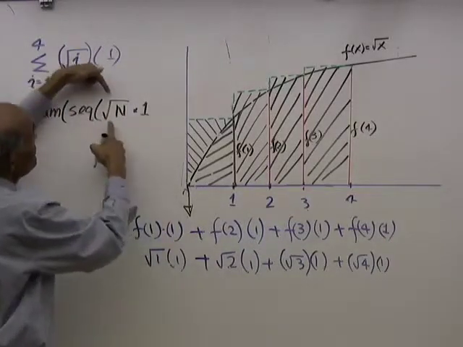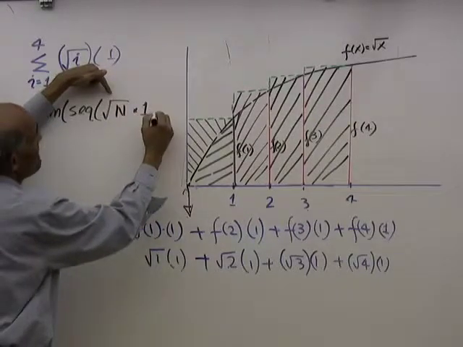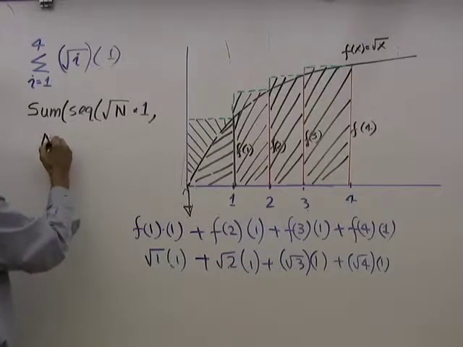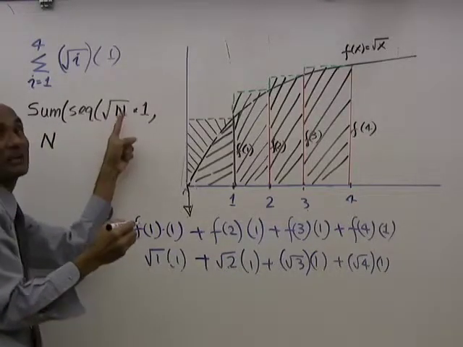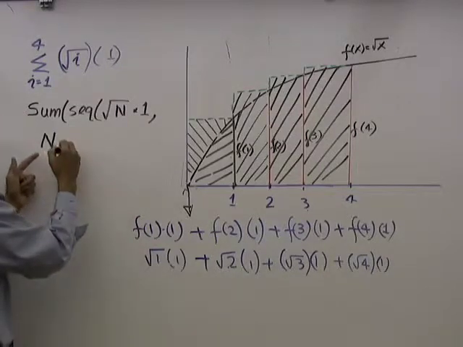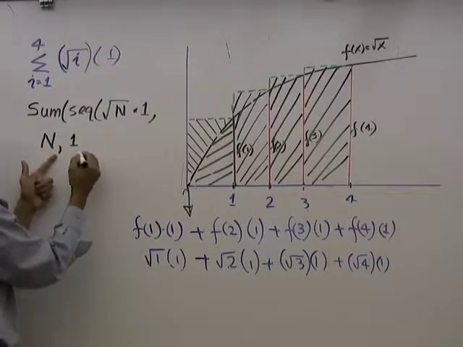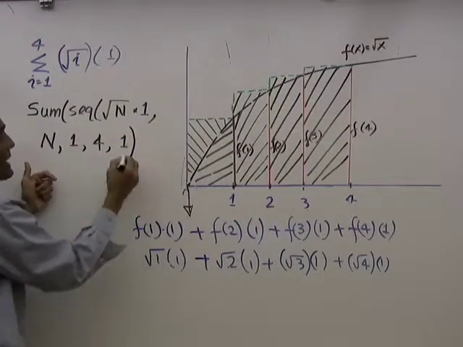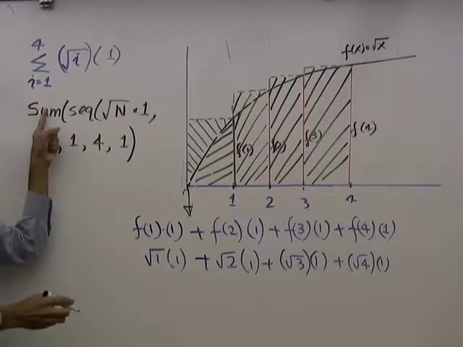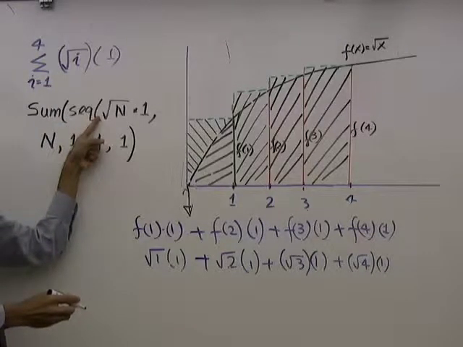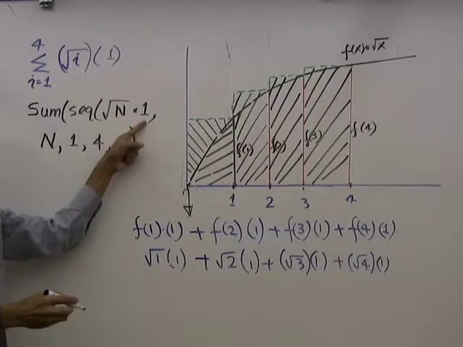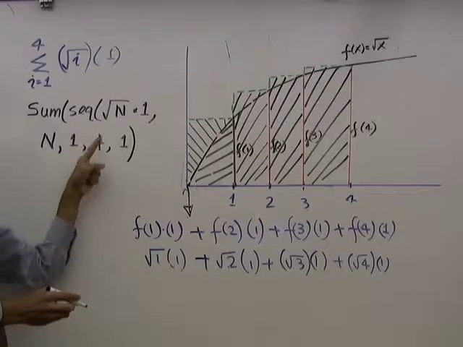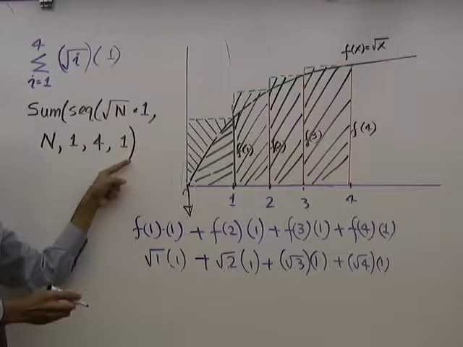Now, sequence of this square root n multiplied by 1, followed by comma n. In other words, you're telling the calculator we are doing the sum for n varying from 1, so comma 1 to 4 in steps of 1. Now look at that sequence again: sum sequence square root n times 1 comma n comma 1 comma 4 comma 1, parenthesis closed.